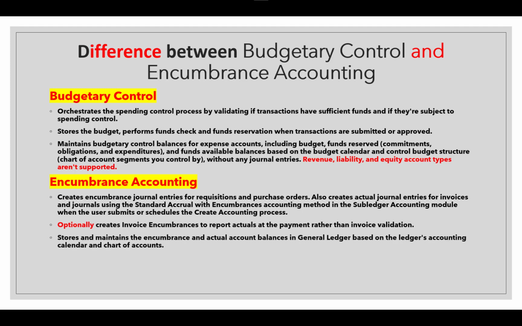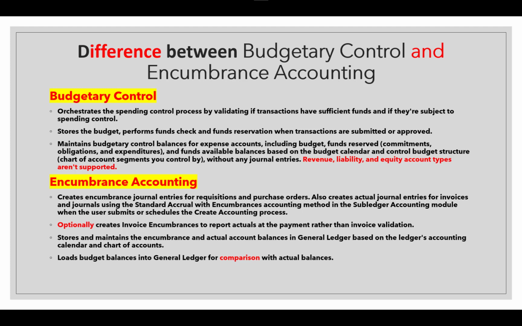It stores and maintains the encumbrance and the actual account balances in general ledger based on the ledger's accounting calendar and chart of accounts, because by the end you need to compare the encumbrance and actual account balances, to check what the budget was, what the budget is now, and what the actual is, by the end of the year or whatever. It loads budget balances into general ledger for comparison with actual balances.